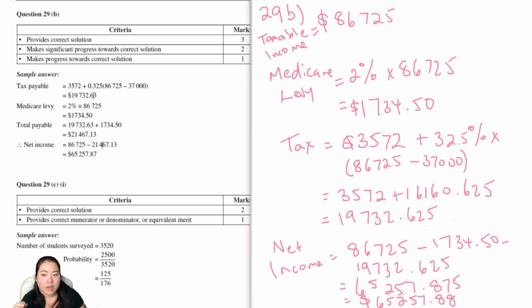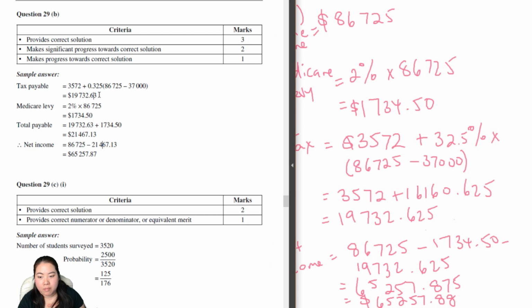However, I can see where they're coming from, because you pay that much to the tax department, and of course they would round it there. However, it's not good practice to round a number if you're still going to use it for a different calculation later on in the question. So maybe something to ask your teacher about, or ask a HSC marker to see what the rule on that is.